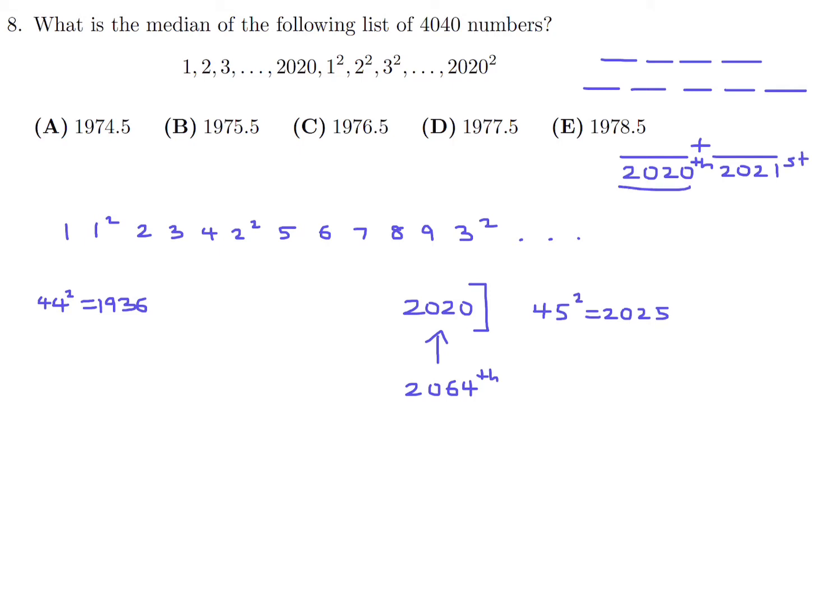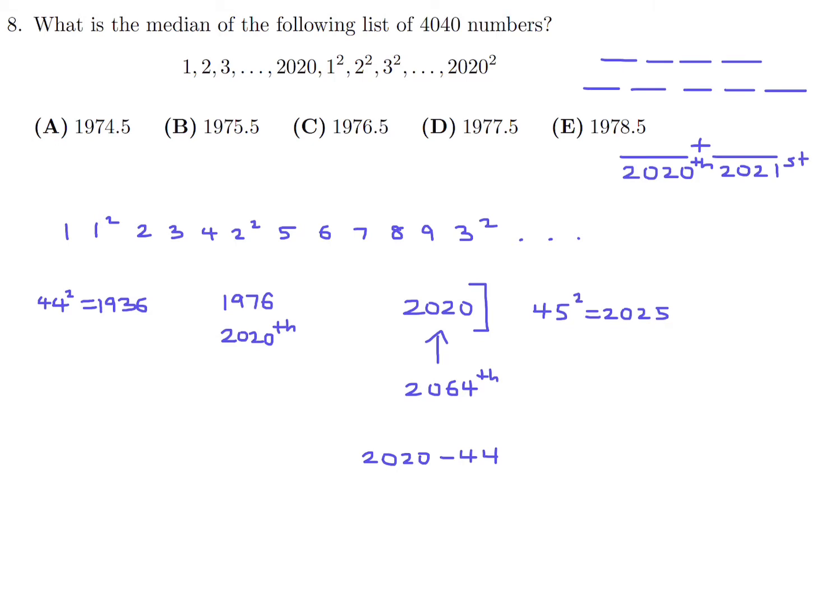Okay, so how do I get the 2020th number? Well, I have to go back 44 numbers. So 2020 minus 44 is how far back I have to go. And 2020 minus 44 is 1976. This number is the 2020th number. Almost my year of birth, not quite. I was born in 1974, but it's completely irrelevant.